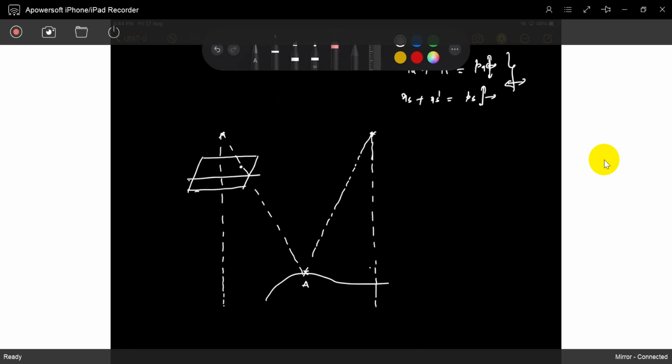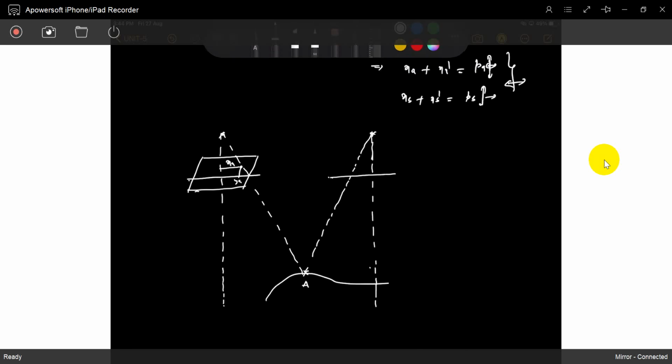somewhere this point is there. So okay, this is X, this is Y, XA, YA. So same thing, you will get it. Same point is there.